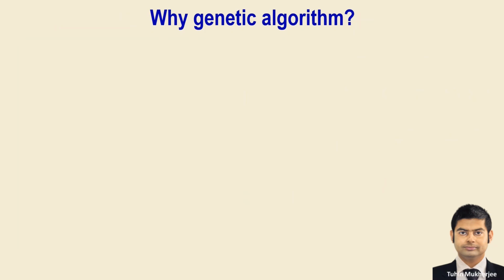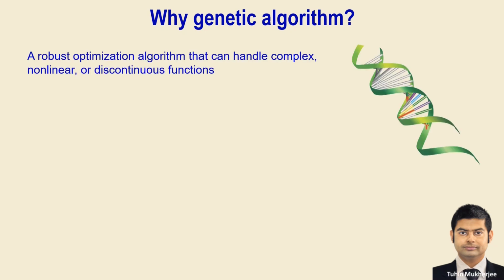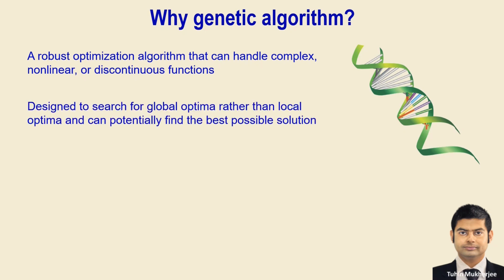But why do we use a genetic algorithm? This is because a genetic algorithm is a robust optimization algorithm, especially for complex, nonlinear, or discontinuous functions. Secondly, it is designed to search for global optima rather than local optima to find potentially the best solution.